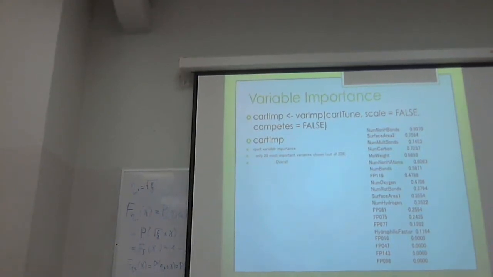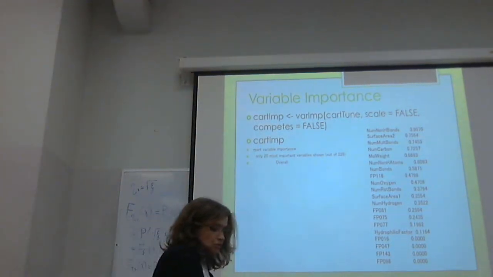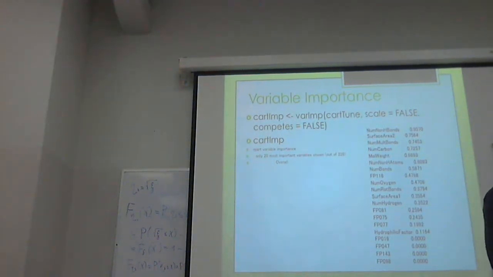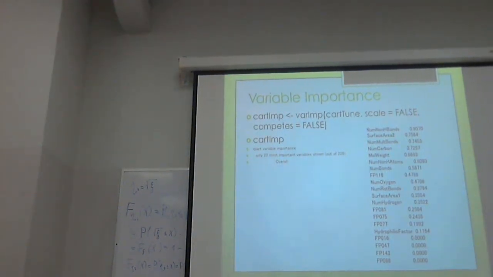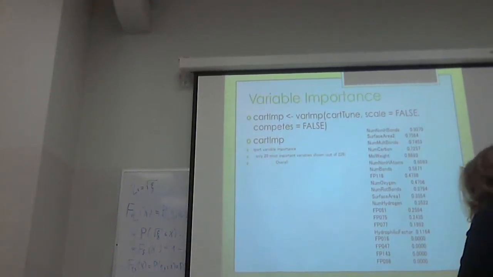Correct. Mars model, do we have variable importance for Mars? Remember Mars, multivariate adaptive regression splines. It's like a piecewise linear approximation. Can you build variable importance based on the Mars model? Yes, you can.